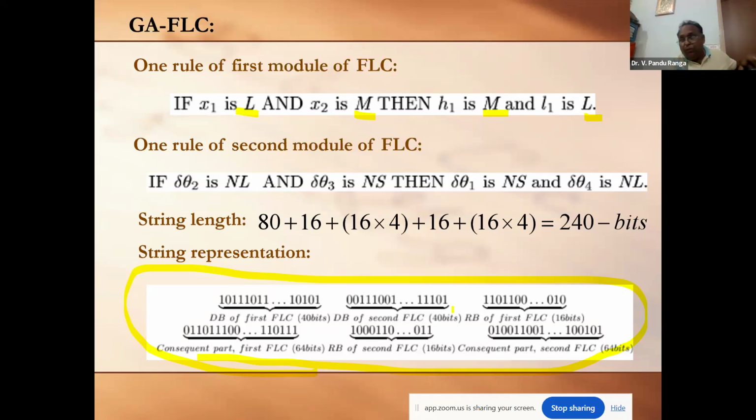Now, by utilizing GA, even someone who has no idea about the domain will be able to use a fuzzy logic controller by assigning the entire task of designing the database and rule base to the genetic algorithm. That is what is called automatic evolution of the fuzzy logic controller.